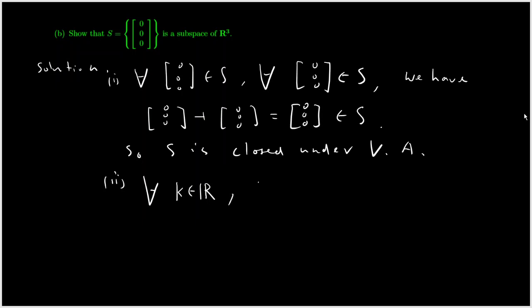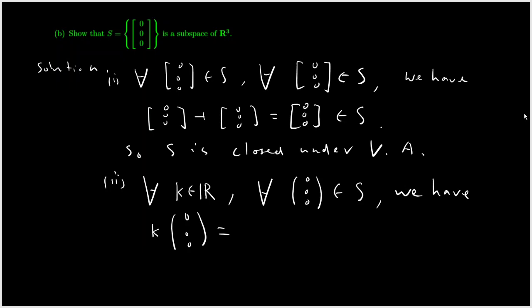And then we choose any vector from S. You have no other choices. The vector has to be the zero vector, right? Now we want to compute the scalar multiple of the vector and the number. We have the scalar k multiplied by the vector.